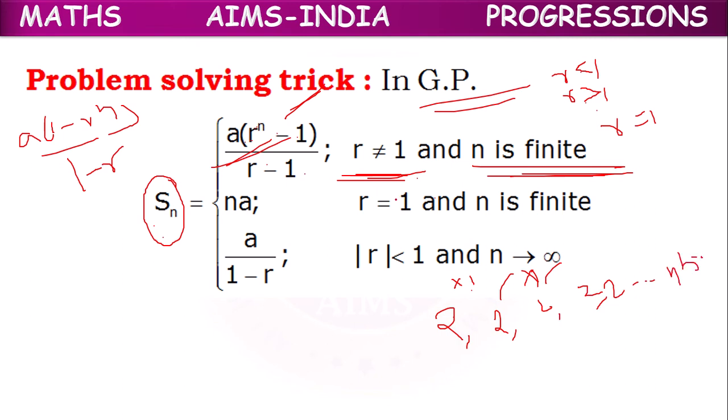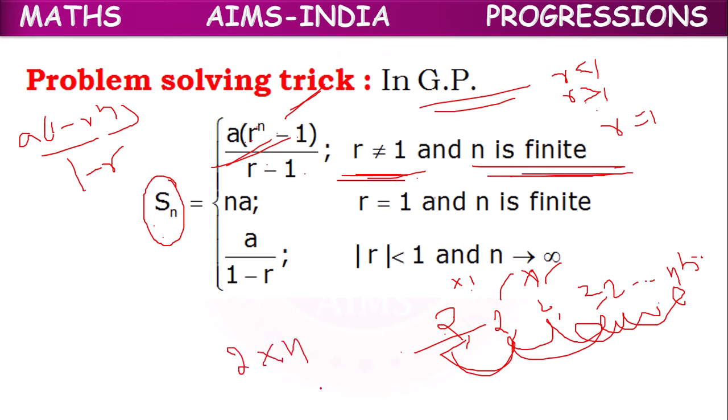If r is 1, then all terms will be the same. As the first term is 2, 2 is repeating n times, whose value is 2 into n, or n into first term, which is a. So if r equals 1 and n is finite, there is no need of a formula. We can directly find the sum with the simple product na.